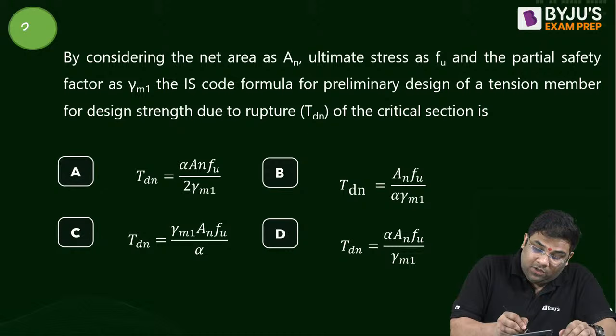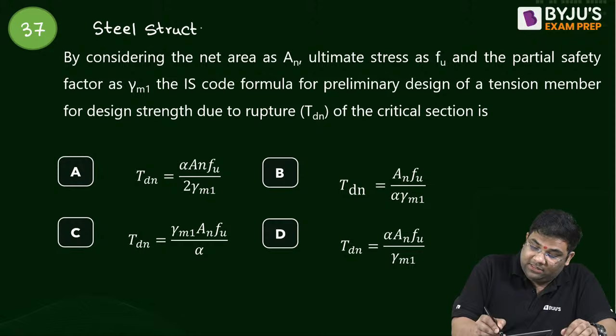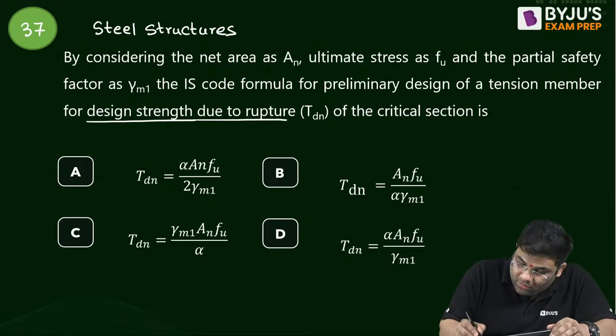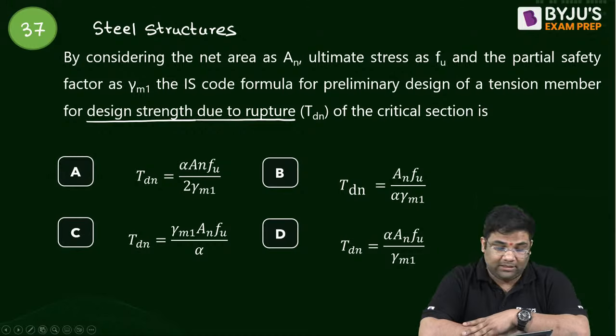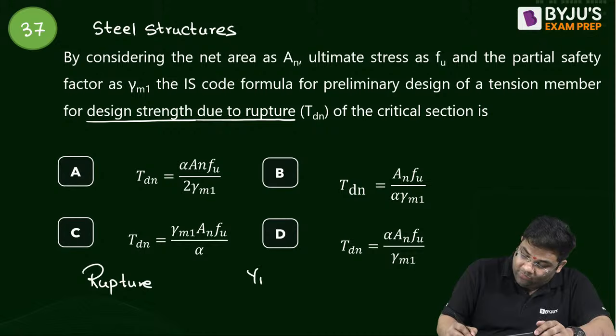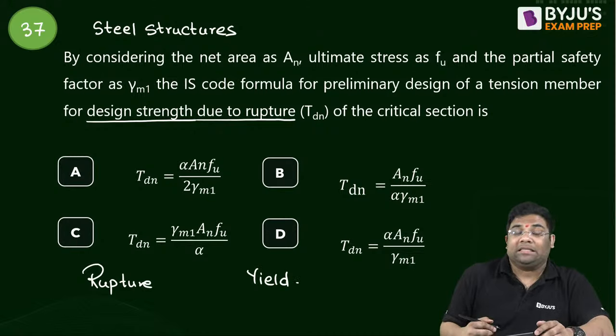37th question. Okay, from steel structures, what is the answer? The design strength due to rupture. So we have two things: one we have rupture, one we have yielding of sections in steel structures.